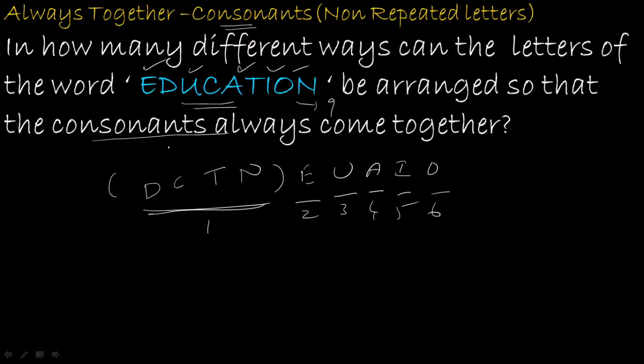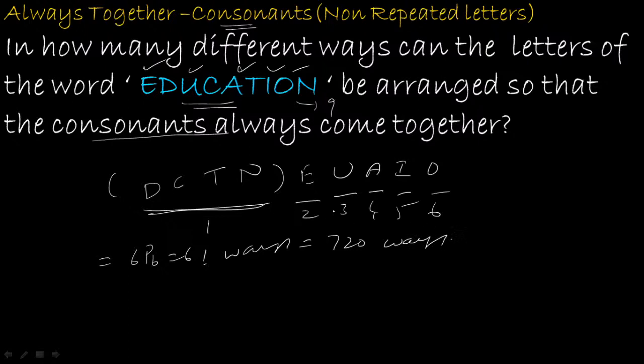If consonants always come together, we combine these consonants as one letter, then the 9 letter word becomes a 6 letter word, isn't it? These 6 letters can be arranged in 6P6, that is 6 factorial ways, which means 720 ways.